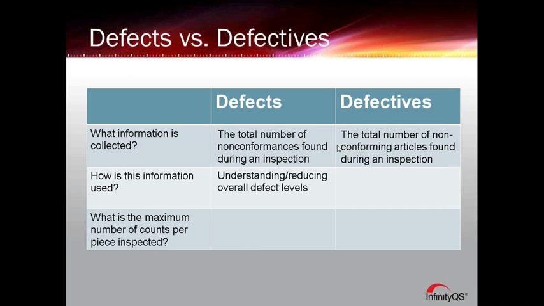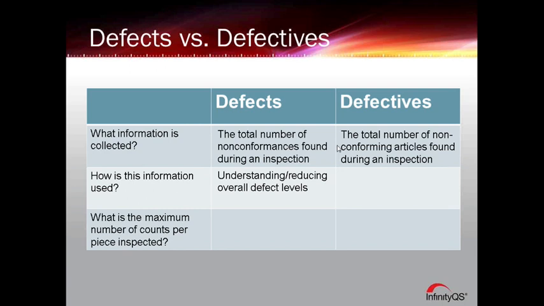So how do we use this information? For defects, understanding and reducing the overall defect levels is an important reason to perform defect collection. And you'll notice I'm using the word defect to define the word defects. But I think overall defect levels are something that most customers and most folks understand.